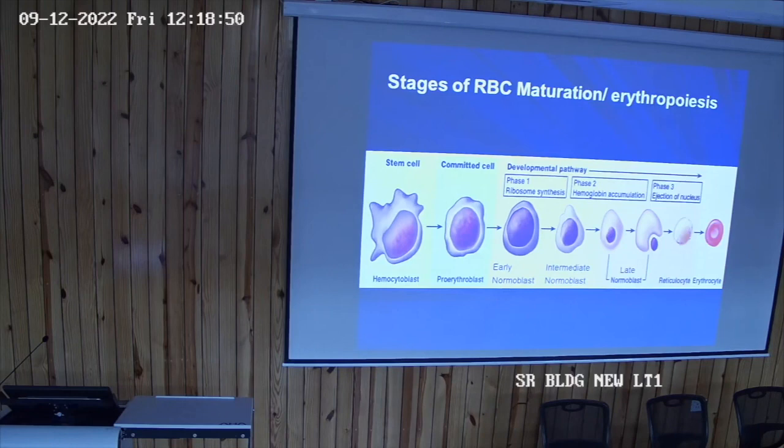But an increase in reticulocyte count shows that there is an increase in the rate of erythrocyte formation. Normal count of reticulocytes, just remember, is 1%. Okay, and if it is more than that, that means there is an increased rate of formation of RBCs, or increased rate of erythropoiesis. Okay.